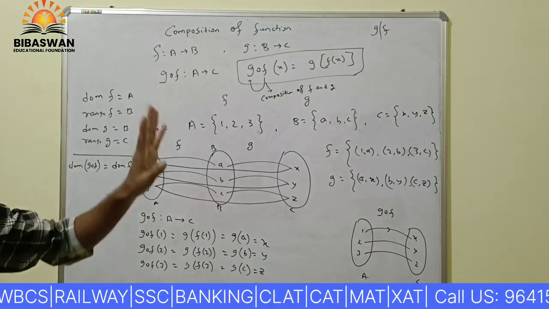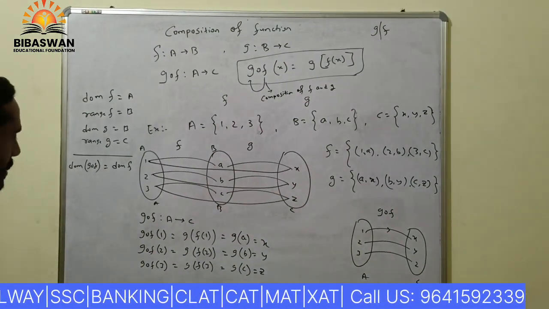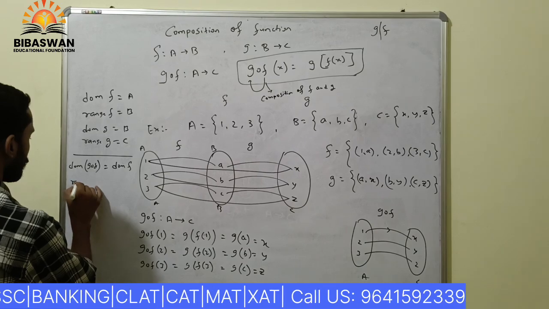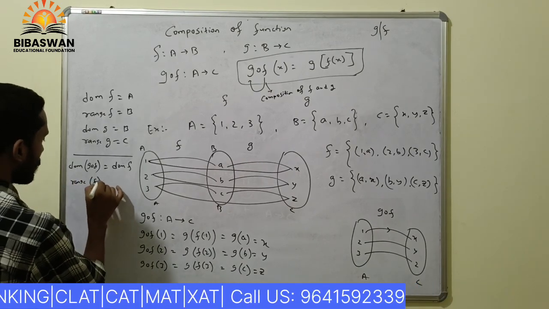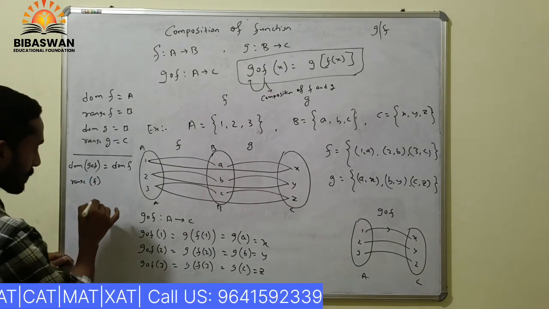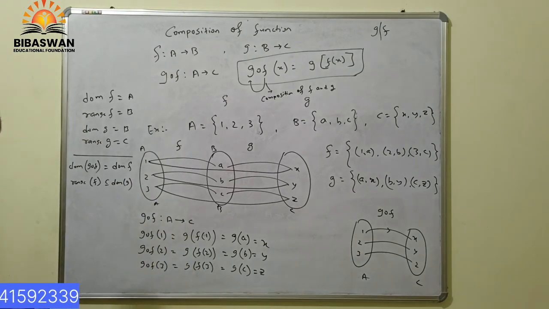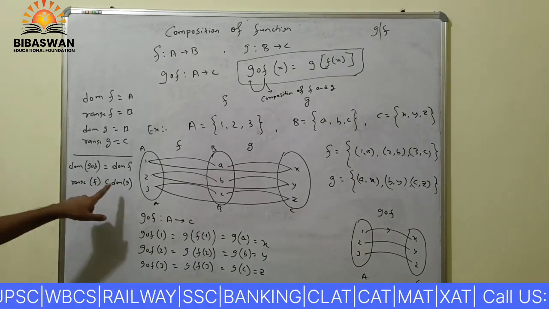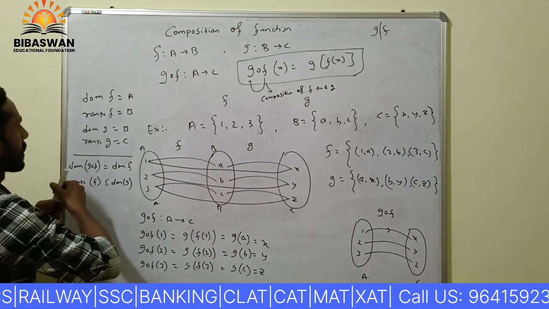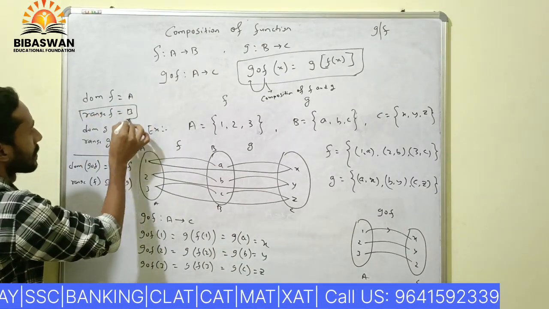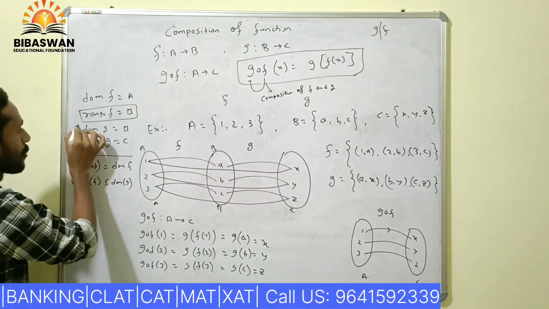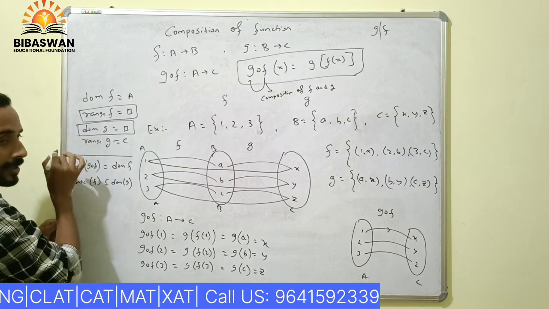Understood here? And another thing: range of F is a subset of domain of G. Understand very clearly. Range of F, what? B. Domain of G, what?